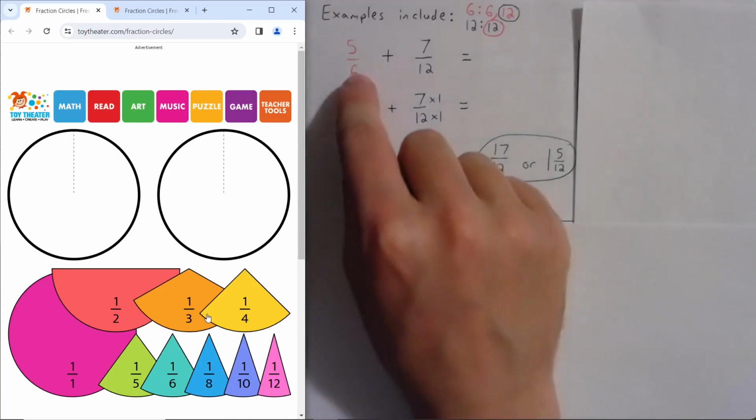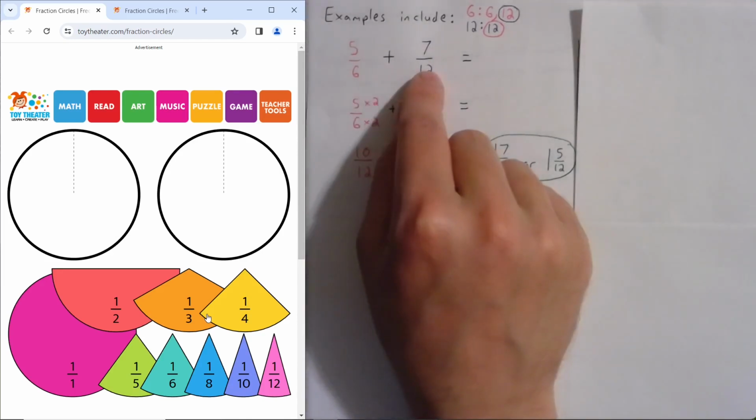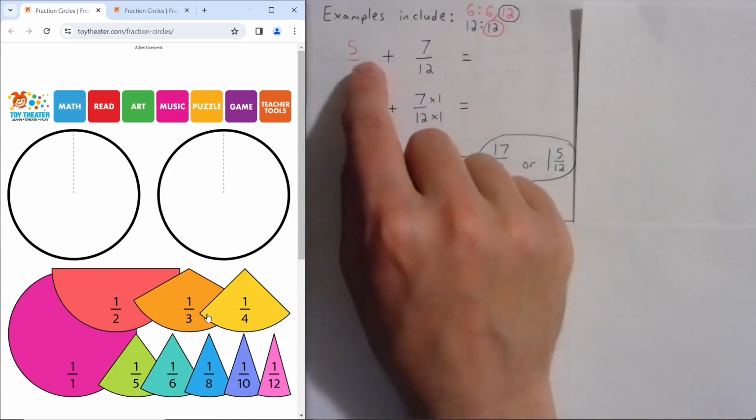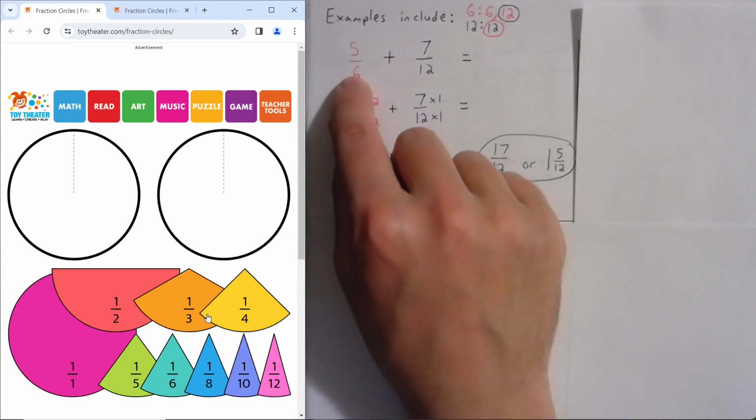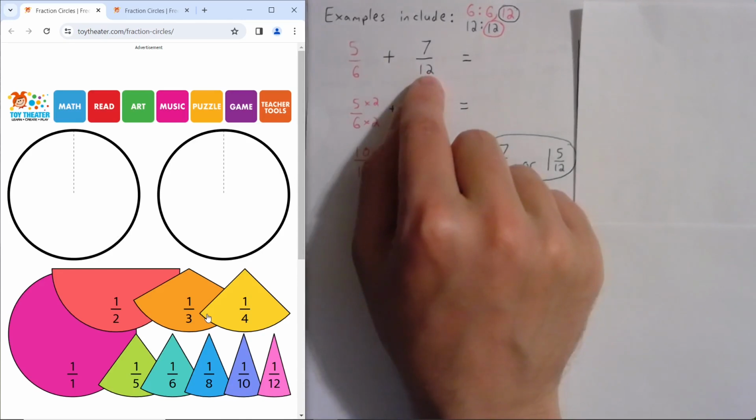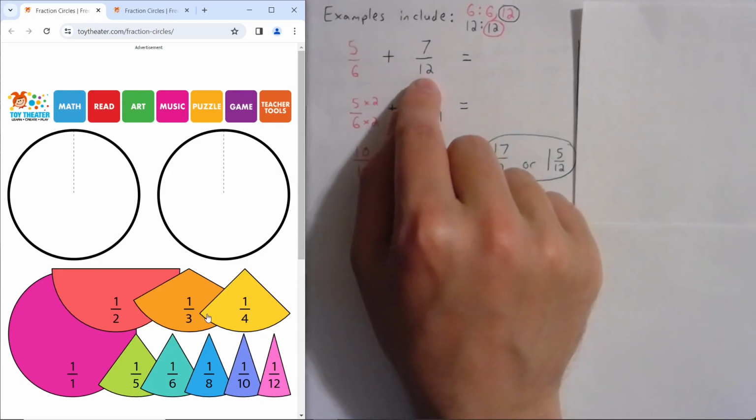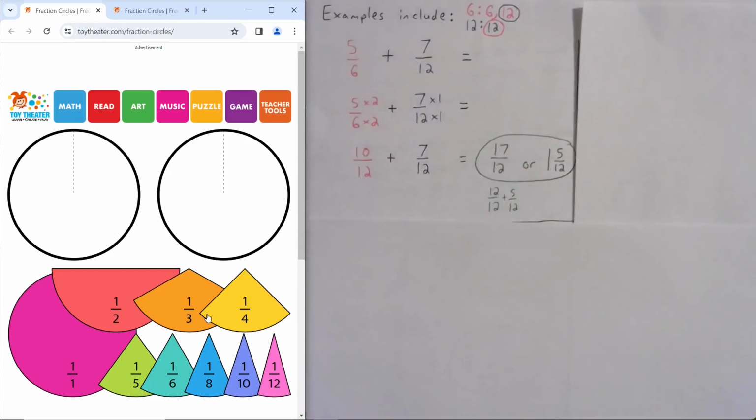So now that I know that my denominators of 6 and 12 both go into 12, then we can turn this into an equivalent fraction, which is 12 as the denominator, and this into an equivalent fraction, which is 12 as the denominator. And for that one, it's the same fraction.